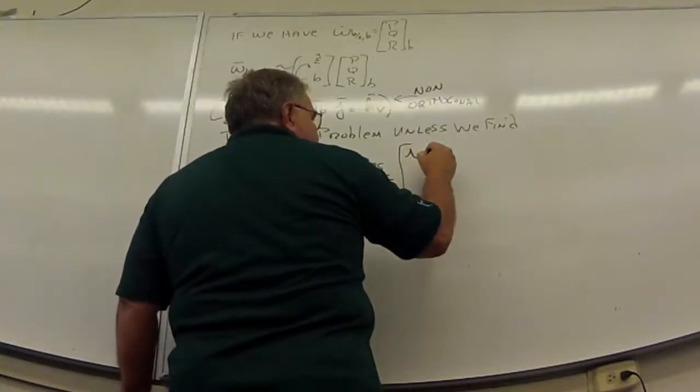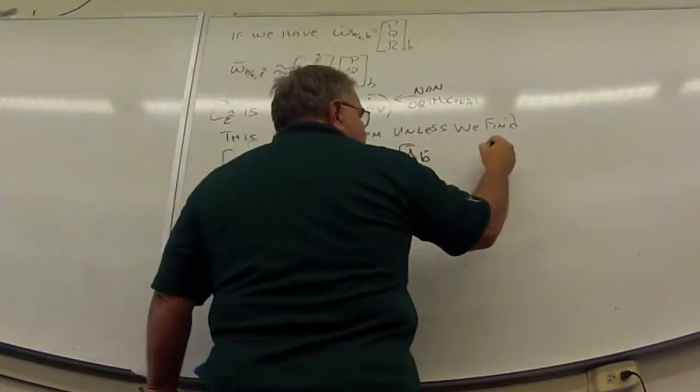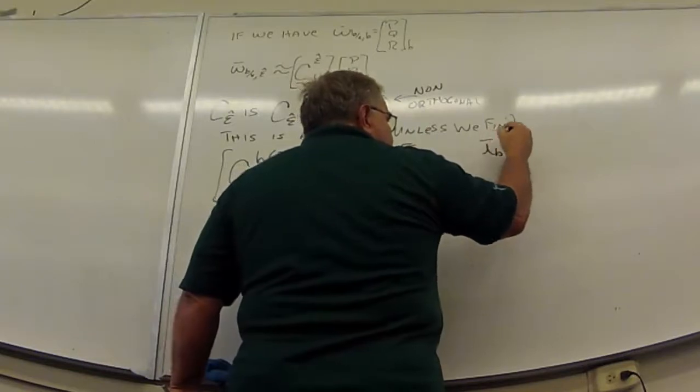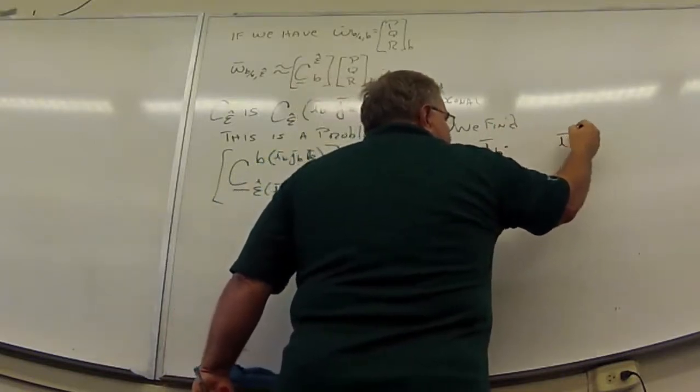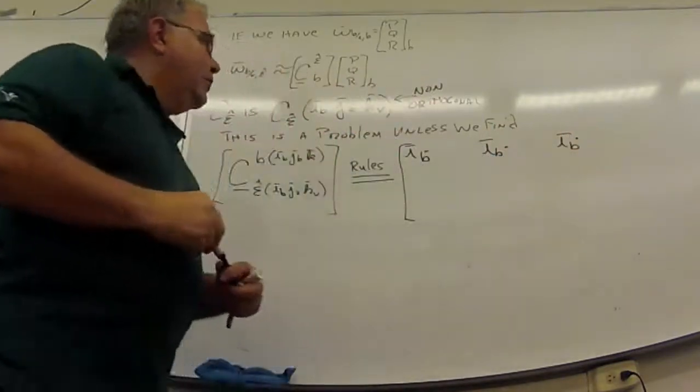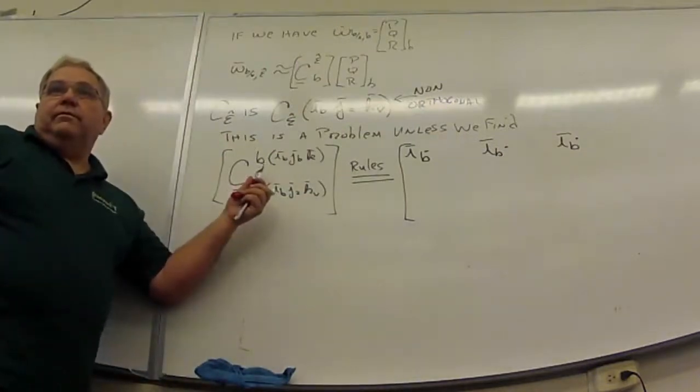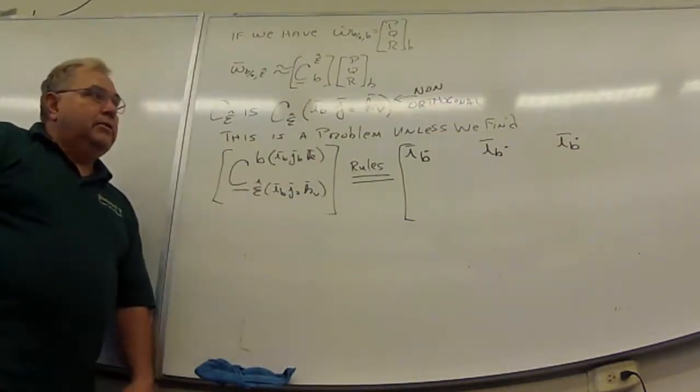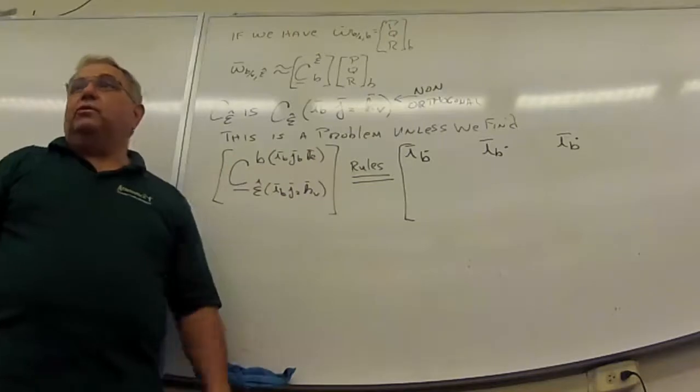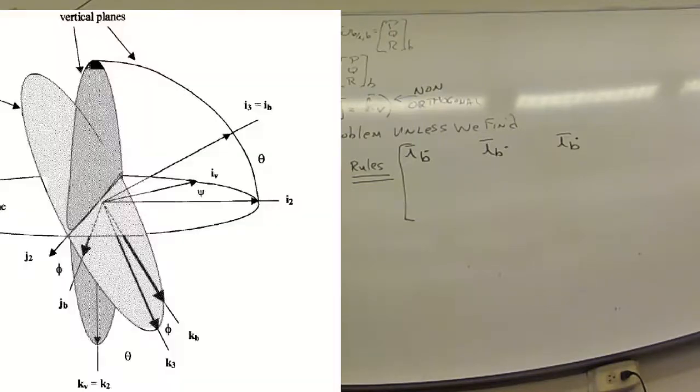So we look at IB, and IB is going to be dotted with... So we lay our finger along IB. We lay our finger along the frame we're going into. And then we what? We draw a diagram. Well, the diagram is shown up on the upper right or left. You can see the diagram. And now we're going to project the old vectors onto the new vector, which we can do since we're going into a dextral set.